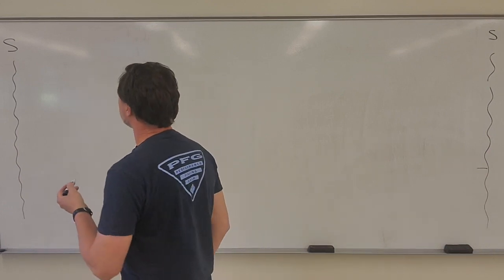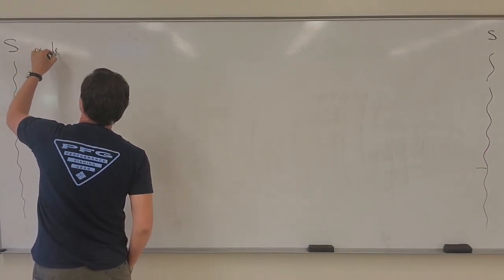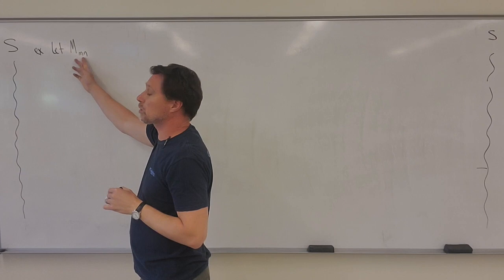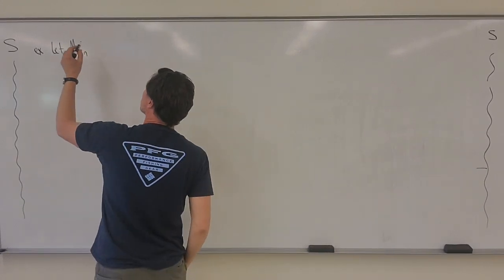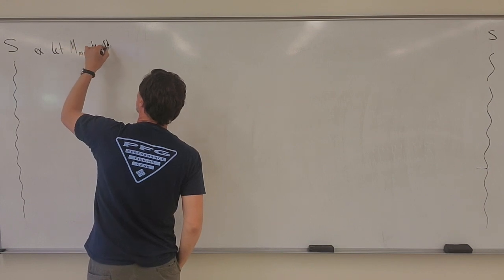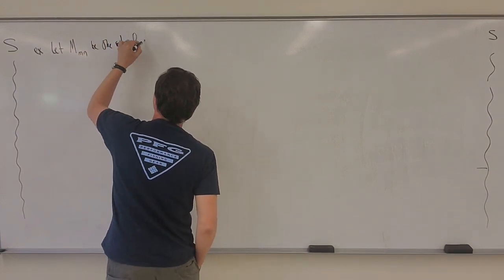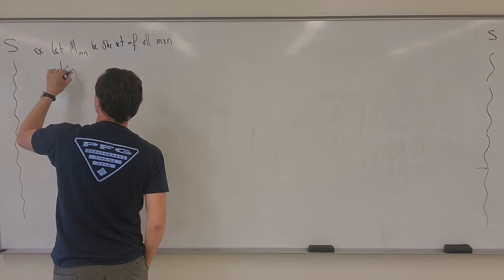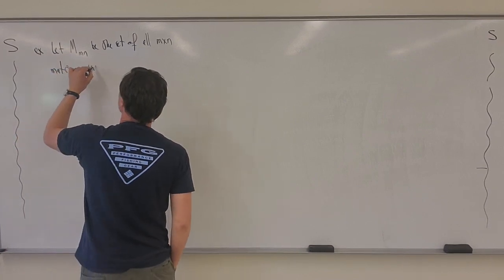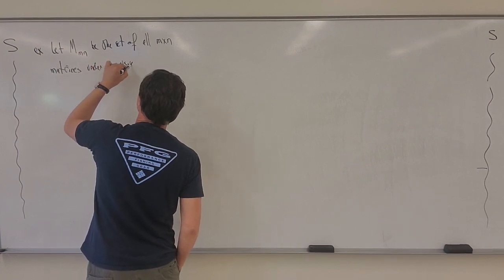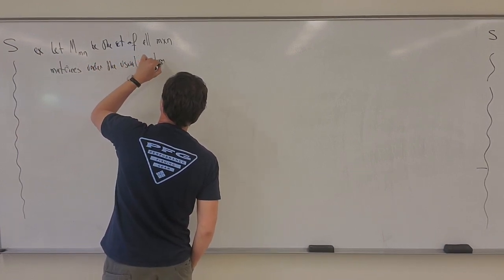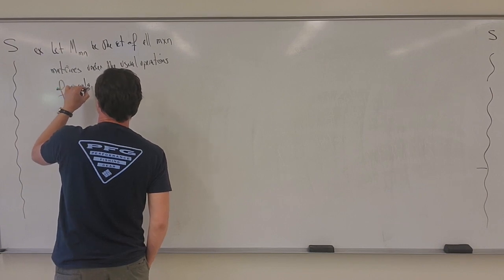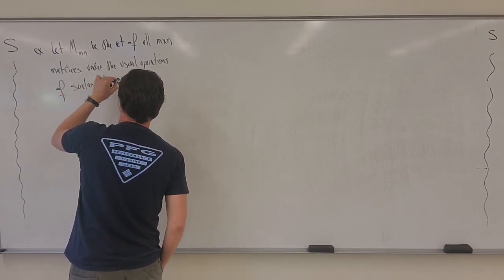The next example I want to look at, let M sub mn, so capital M and then a double subscript little m little n, be the set of all m by n matrices under the usual operations of scalar multiplication and addition.